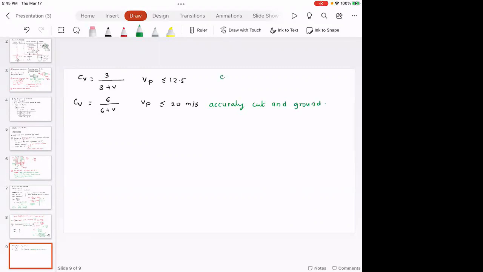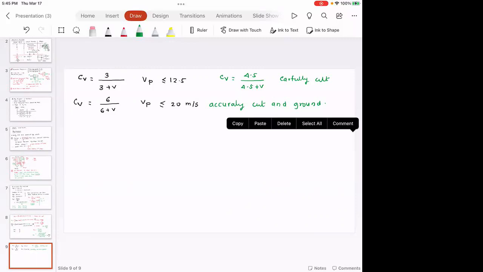And see, this is very important. CV is equal to 4.5 divided by 4.5 plus V for carefully cut, up to VP less than or equal to 12.5. This is ordinary cut.